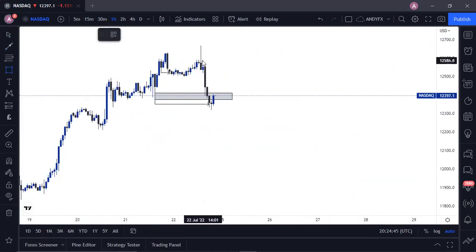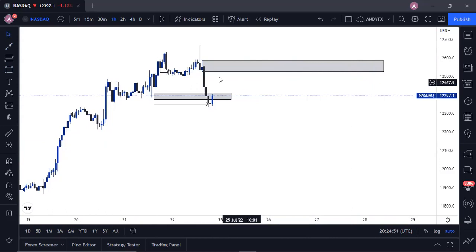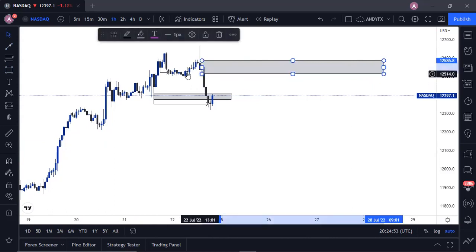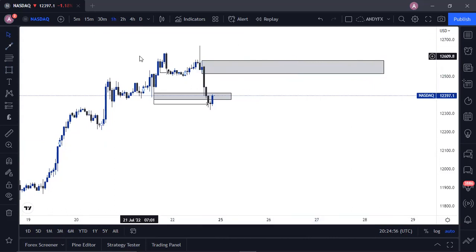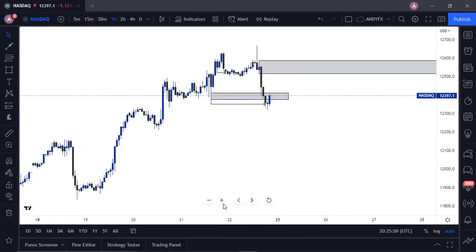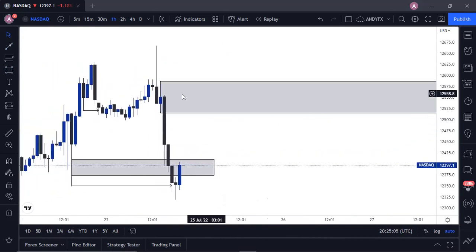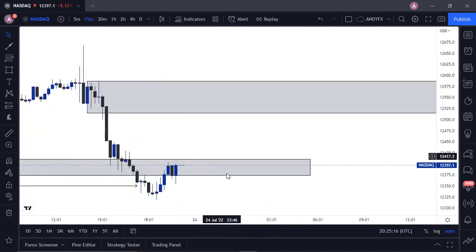I will mark this area as my point of interest. The reason why I mark this area as my point of interest is because before this drop happened, this is our last candle for the impulse move to happen.